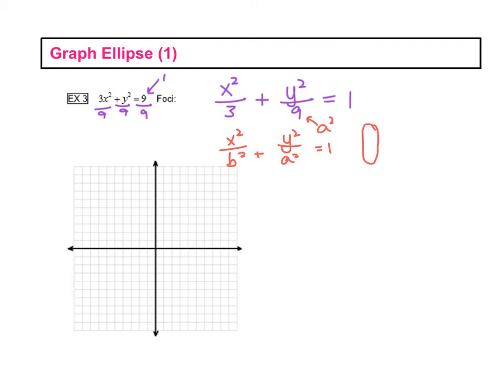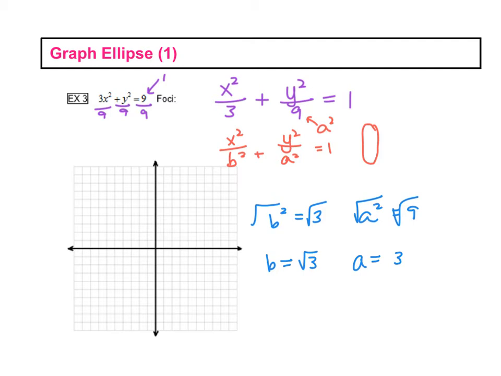Alright, so let's figure out our a and b value. So b squared is equal to 3 and a squared is equal to 9. So we will square root both sides and we get b is equal to the square root of 3. And then we will square root both sides over here and we get a is equal to 3.